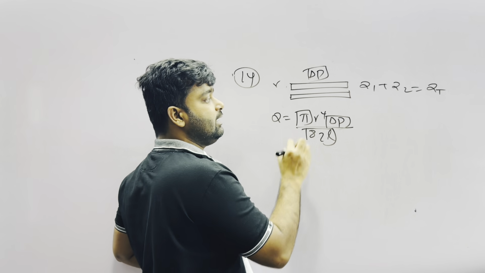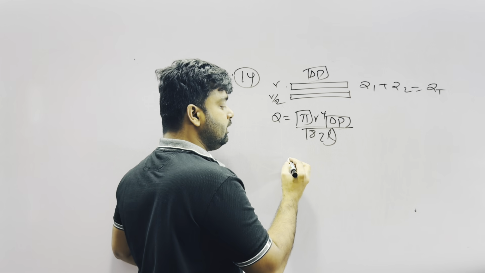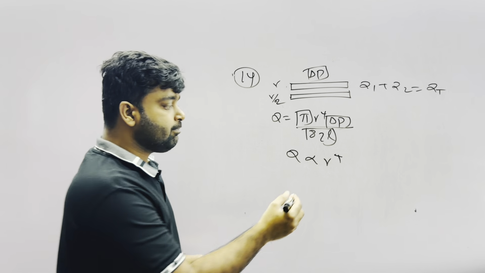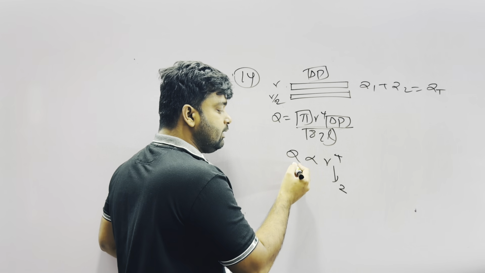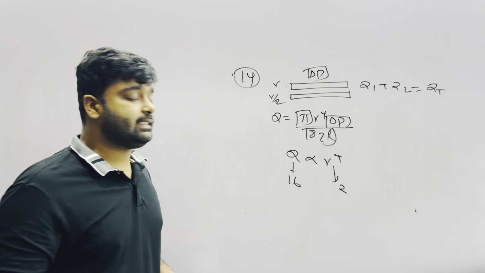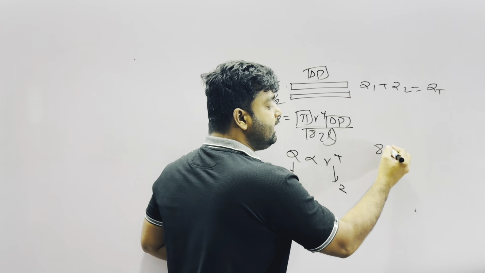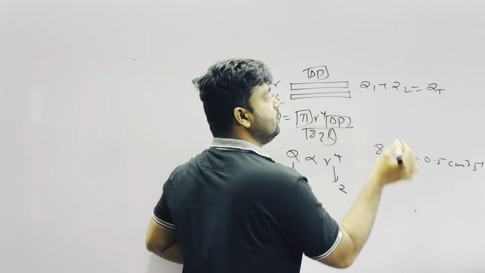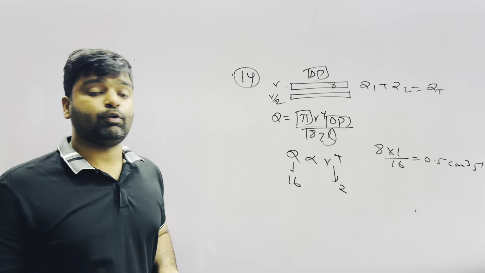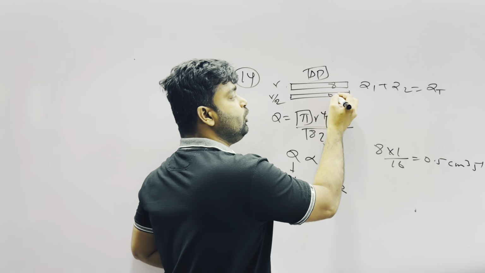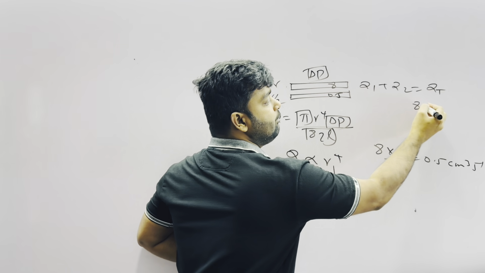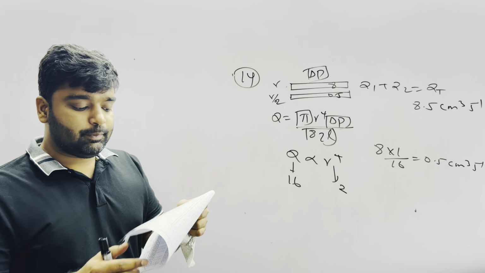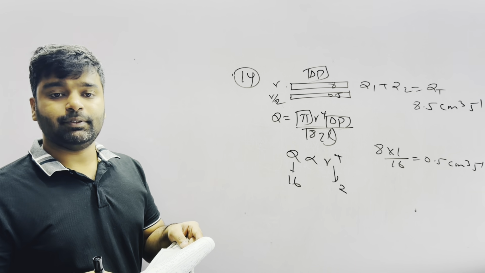Here the radius is r, the second tube radius is r by 2. The flow rate is proportional to r to the power of 4, so if the radius is half, the flow rate will be 1 over 16 times. Therefore, 8 into 1 over 16 is half centimeter cube per second. Through the first tube, the flow rate is 8. From the second tube, the flow rate is half. If you add both of them, the total flow rate is 8.5 centimeter cube per second. The second answer will be correct.